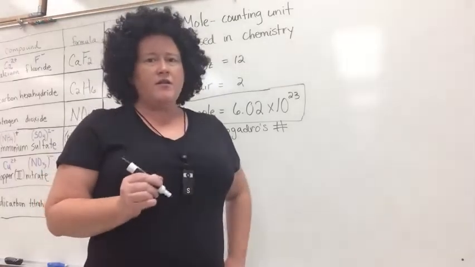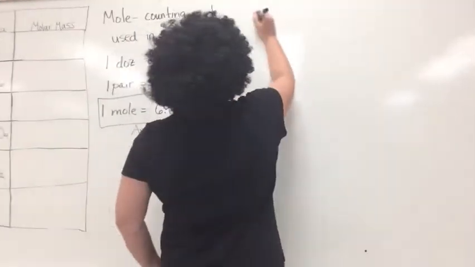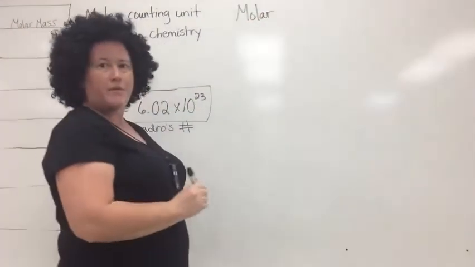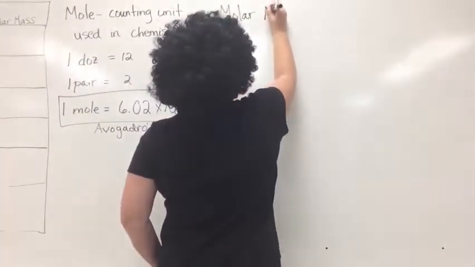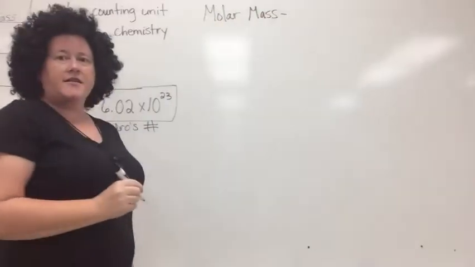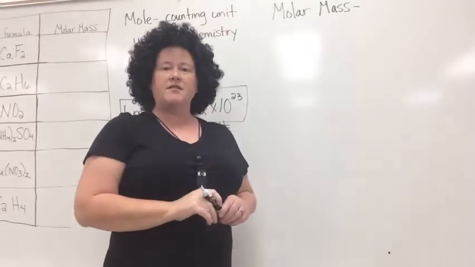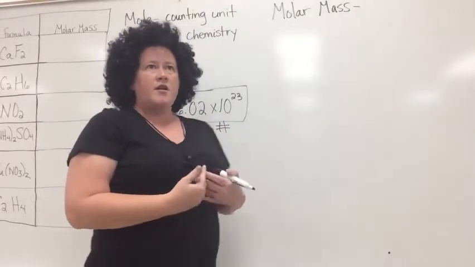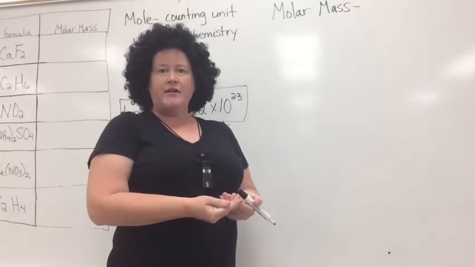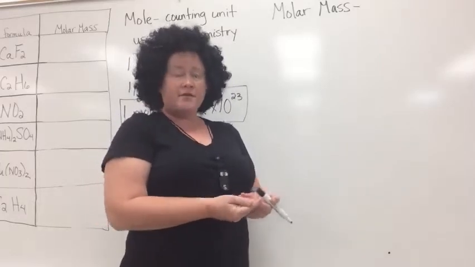Now, the unit that's useful to us is something called molar mass. The molar mass of a substance is equivalent to the atomic mass, which can be found on the periodic table, in grams.